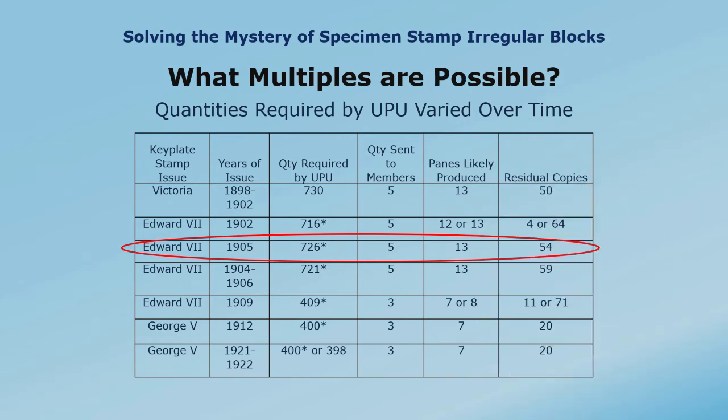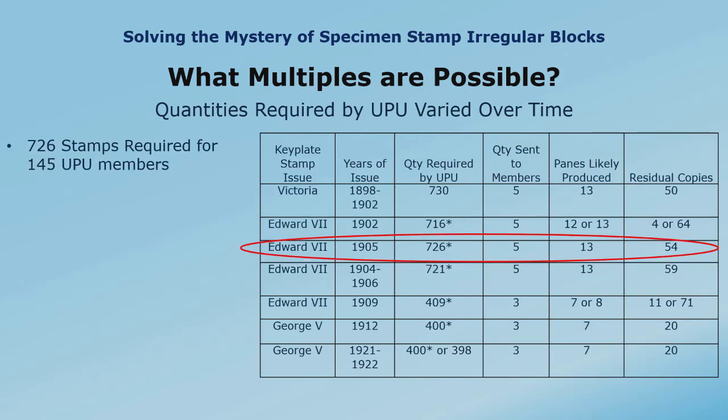All right. So there were 145 members. They needed 725 individual stamps in strips of 5.